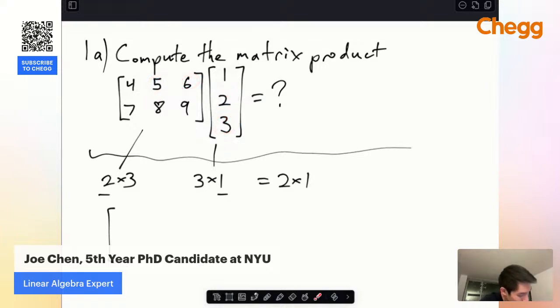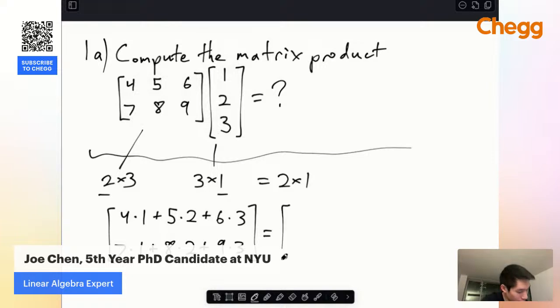So we have 4 times 1 plus 5 times 2 plus 6 times 3. For the second entry of this 2 by 1 vector, we do the same with the second row. So here we have 7 times 1, matching the first entry with the first entry, and then we continue: plus 8 times 2 plus 9 times 3.